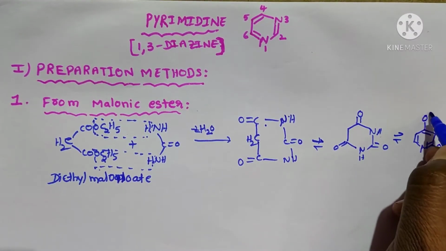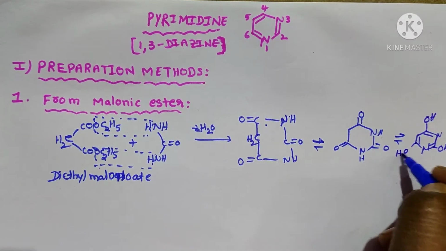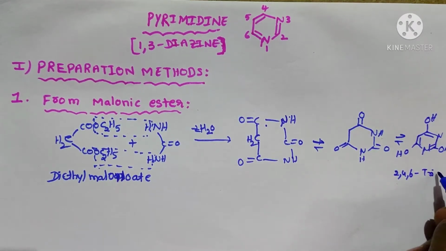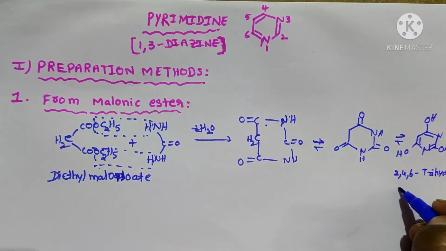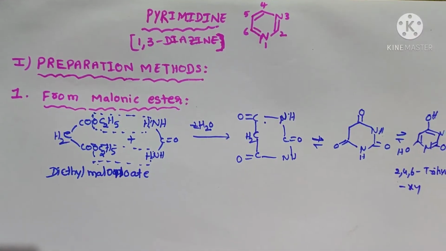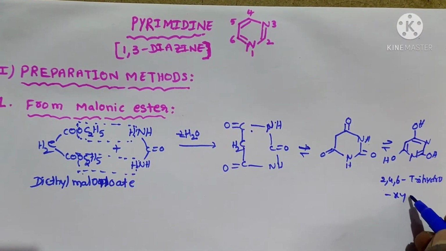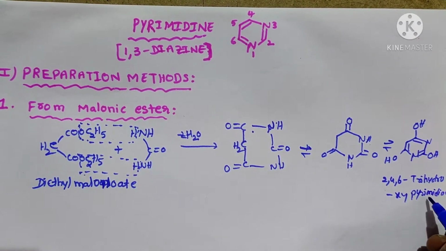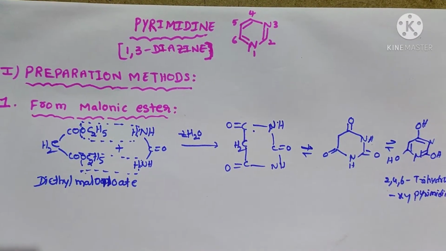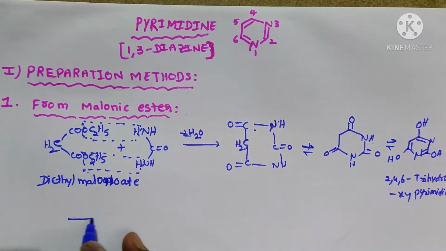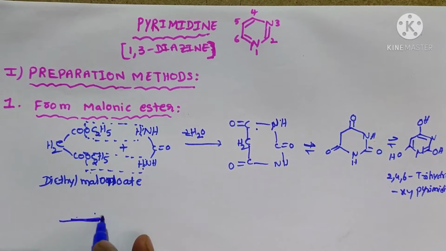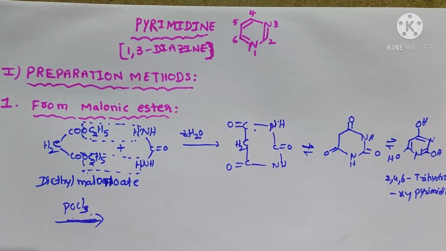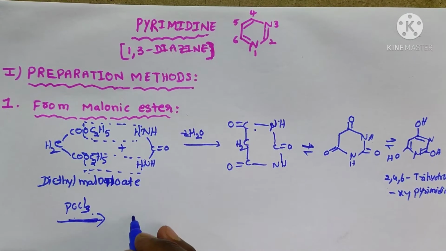2,4,6 trihydroxypyrimidine. If it is treated with phosphorus oxychloride, in place of the hydroxy groups we get chlorines.